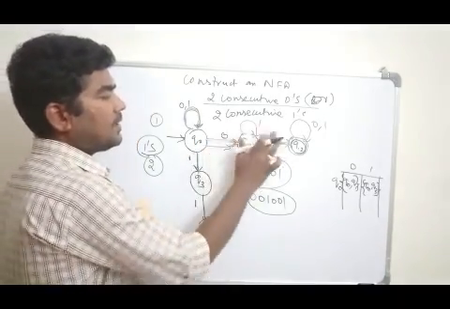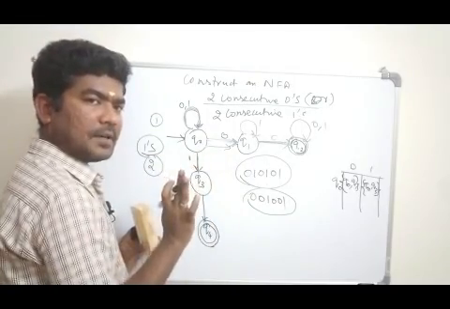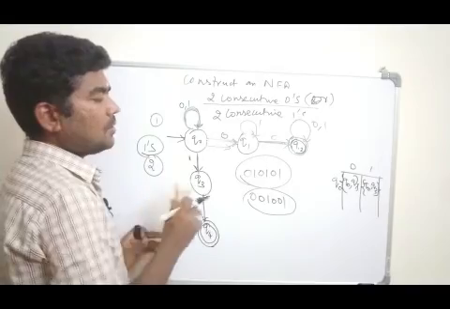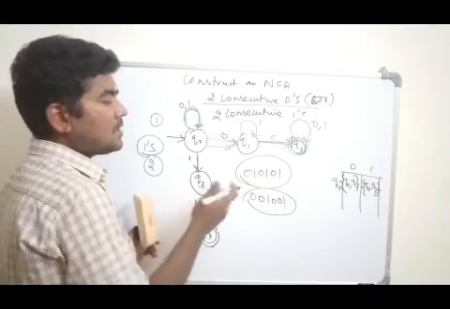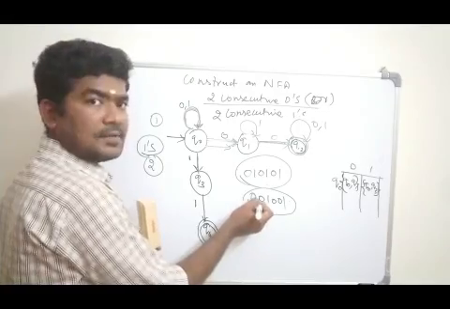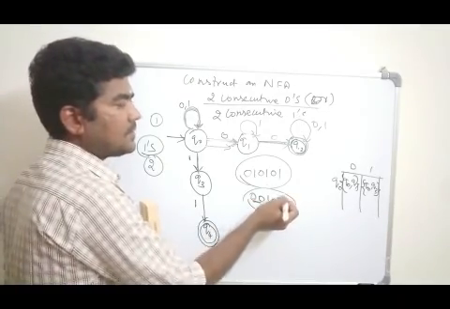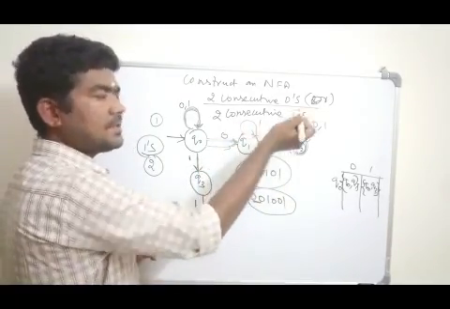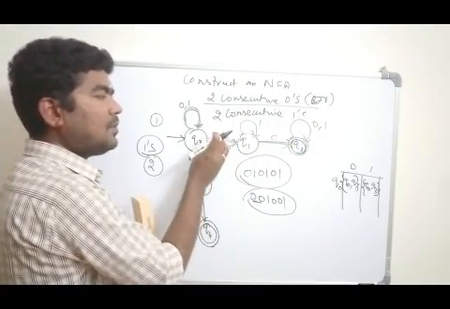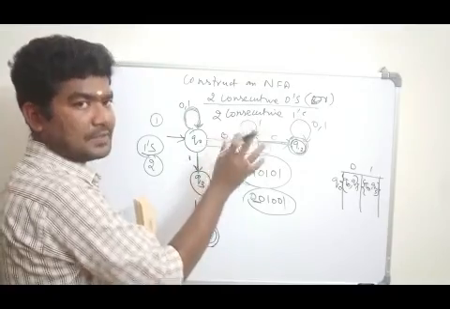So whenever you get 2 consecutive zeros, it will be accepted. But since the generalized question is like this, we need a string like this: if the string starts with consecutive 0 and ends with consecutive 0, then the DFA changes a little bit, because in the NFA diagram any type of input can be taken to a different set of states.